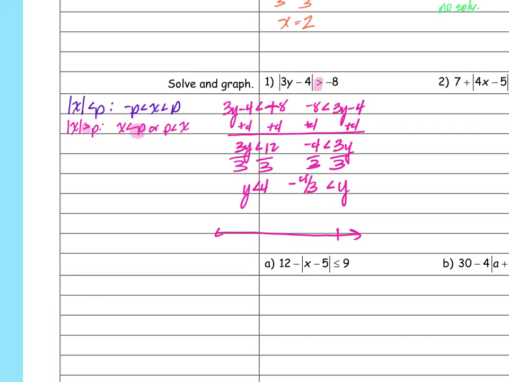So 4, 2, 0, negative 2, negative 4. So y is less than 4, so I have a circle on 4. It can't be 4, but it's less than 4. And y is greater than negative 1 1/3. So somewhere in here. Oh, that's too far. It needs to be on the other side of negative 1.